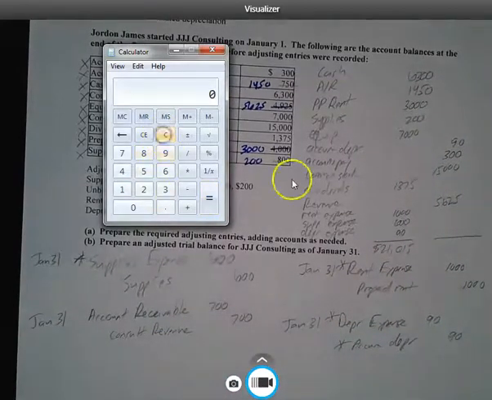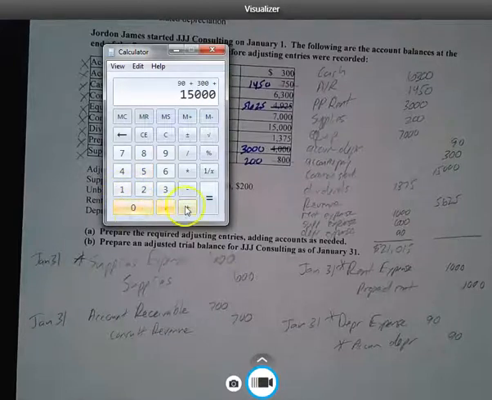So I'm going to clear this out, and then I'm going to go over here to my credit side. I didn't label it, but left is debit, right is credit. So let's see here, 90 for the accumulated depreciation, plus 300 for accounts payable, plus 15,000 for common stock, plus 5625 for revenue.